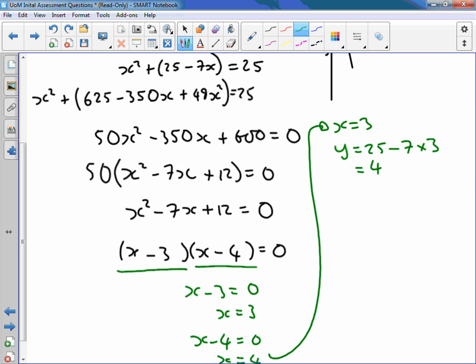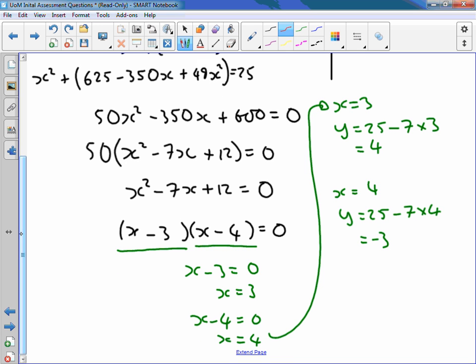And then if x equals 4, that gives me y equals 25 take away 7 times 4, which gives me minus 3. So again, to make whoever's marking this life easy, we would say that x equals 3 and y equals 4, or x equals 4 and y equals minus 3.